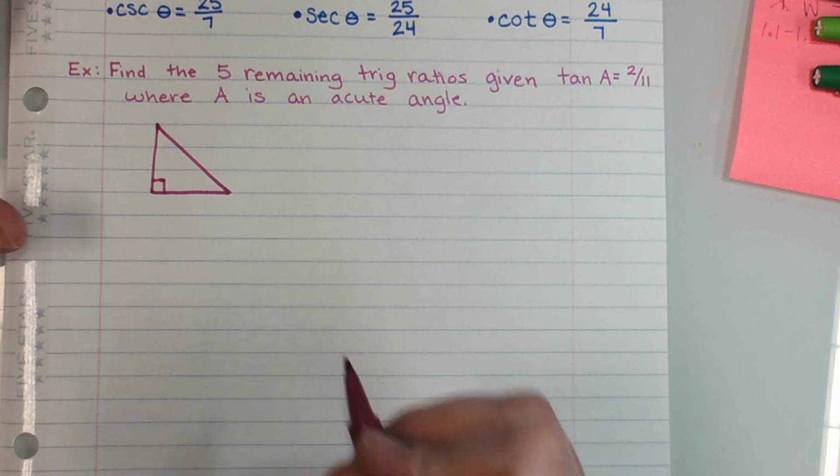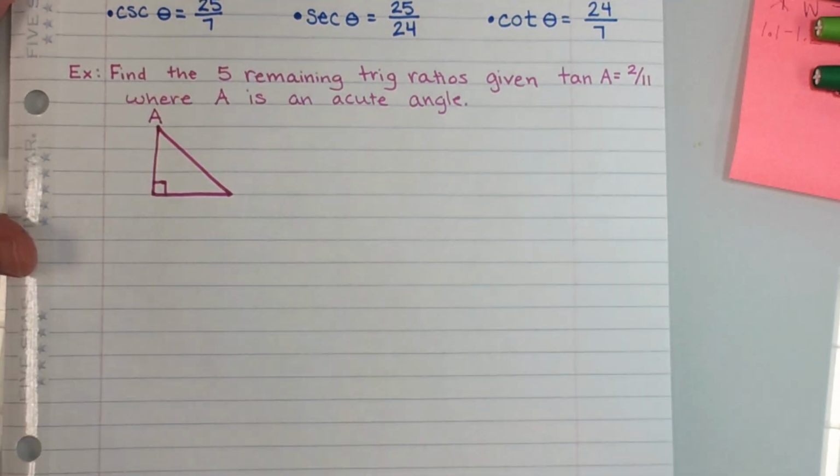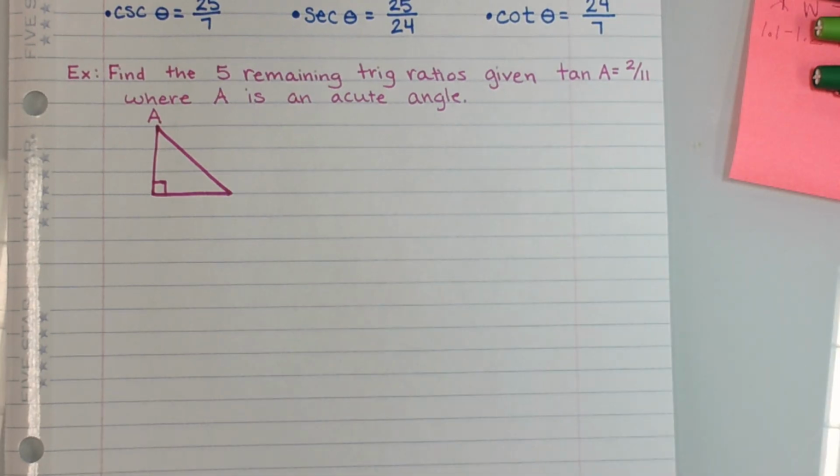So I'm going to go to one of the angles. I'm going to call it A. Now note that it is a capital letter. That means they're naming it like a vertex, like we did back in geometry. When you named shapes, you'd put capital letters on the corners. Inside, you could put variables if they were variables. A is not a variable. A is the name of the angle.